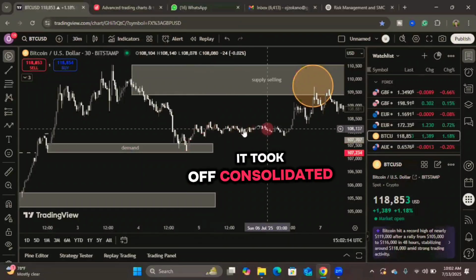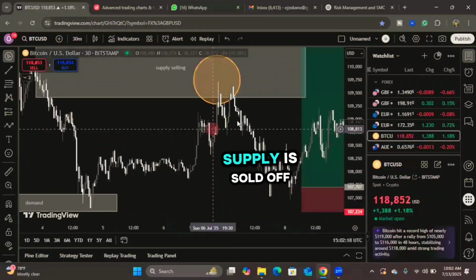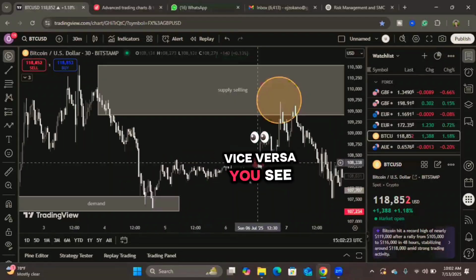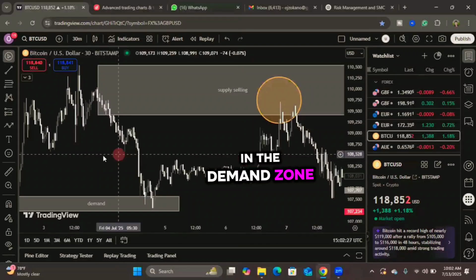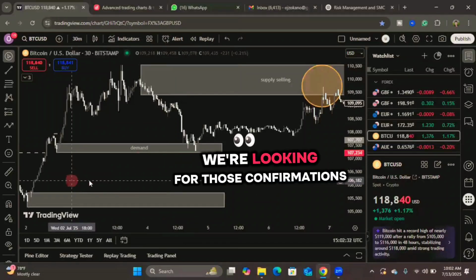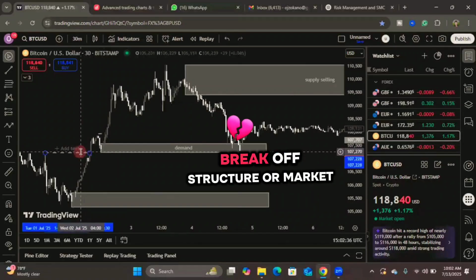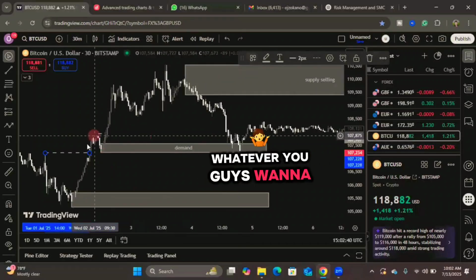It took off, consolidated, went up into the supply, and sold off. Then, vice versa, you see where it went back into the demand zone and took off again. So this is what we're looking for. We're looking for those confirmations, a break of structure or market structure shift, whatever you want to call it.